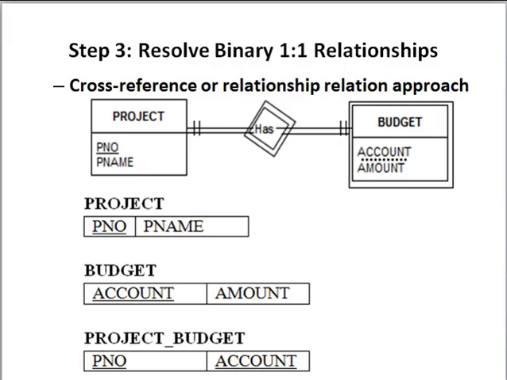And now to resolve this one-to-one relationship, we create a third relation, and we place in that relation, in this case I call it project budget, the primary keys of the two entities.